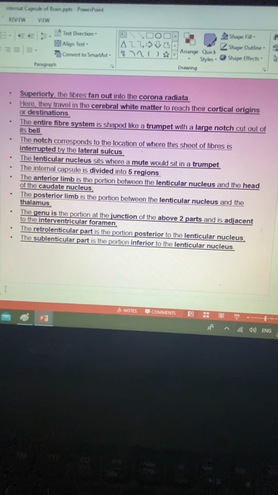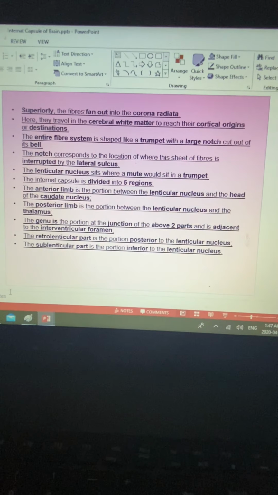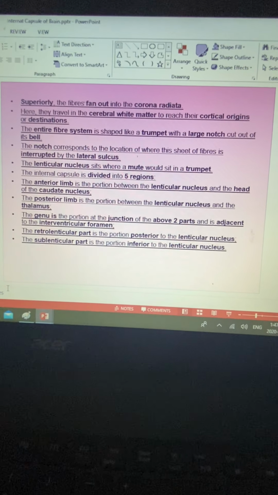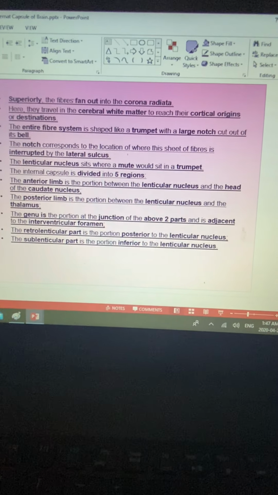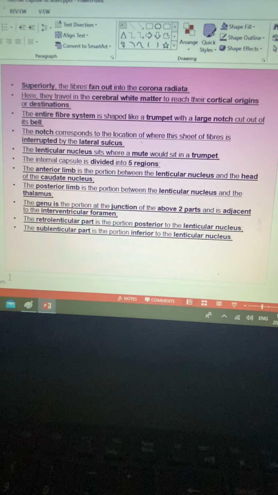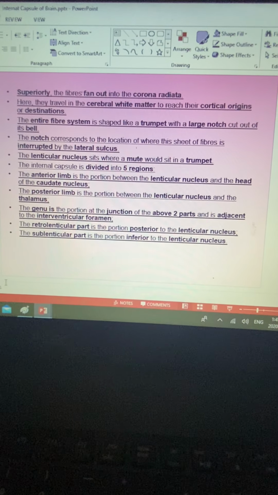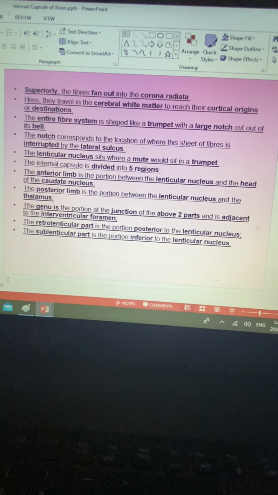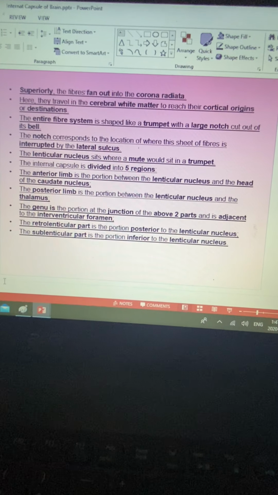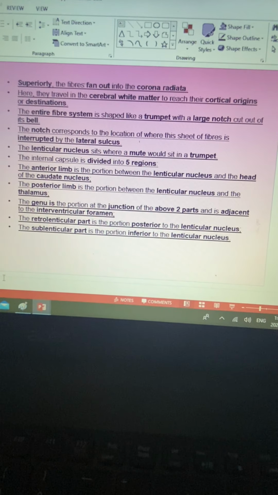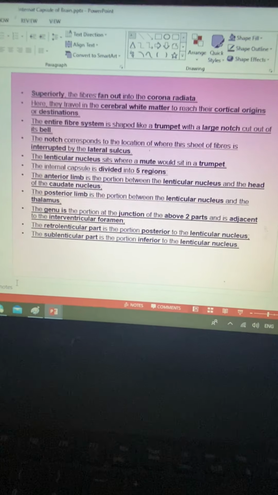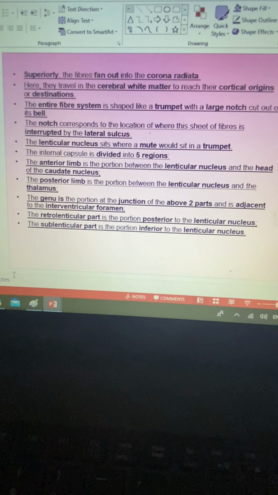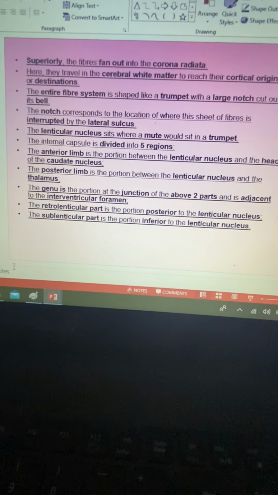Now I am going to explain this in a simple way. Just consider your arm and spread out the fingers of your hand in a fan-like fashion, right? Now consider the portion of the arm at your wrist joint, that these are the crus cerebri, these are the cerebral peduncles, right?